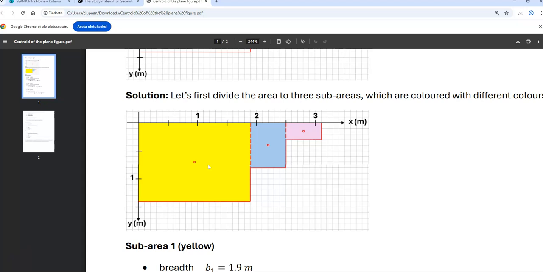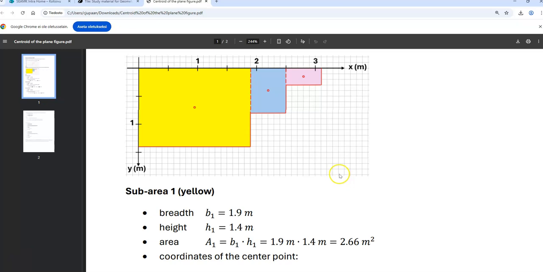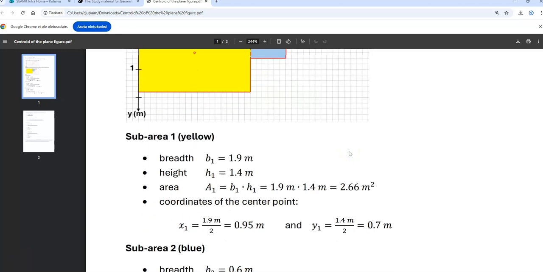And also we need to know what are the areas of these sub parts there. And now I have started to calculate it, and first I am taking 4 or 5 things I have to find out from every sub area.